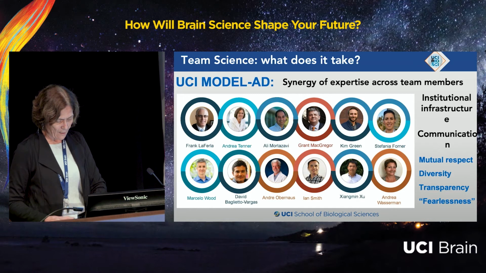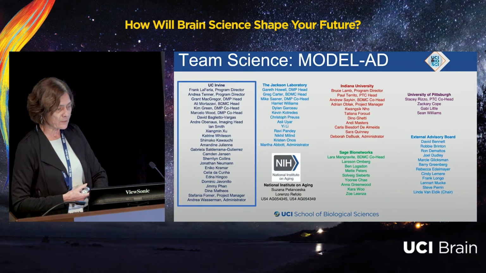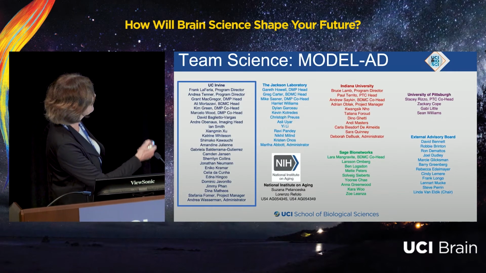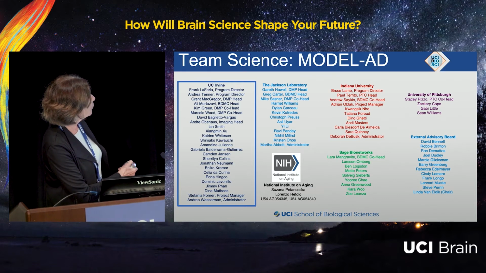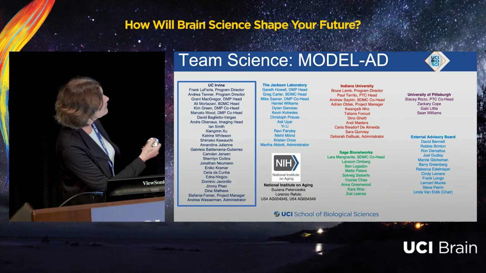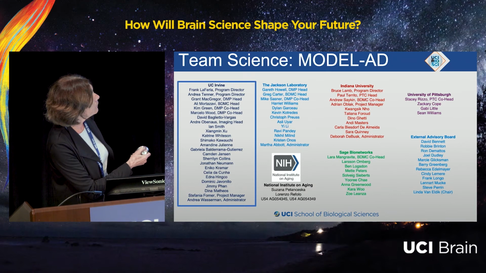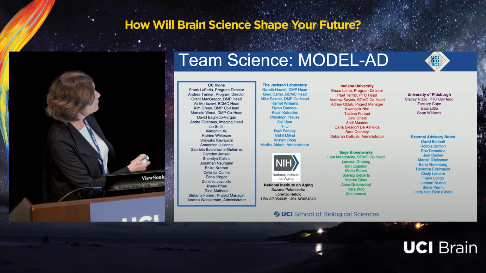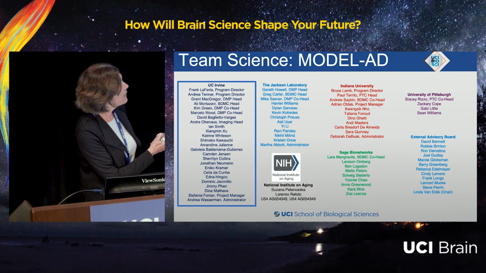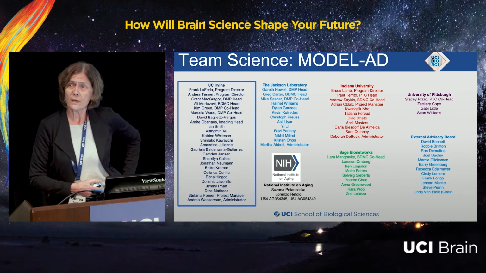Okay, so this is our team here. It's great fun. This is the rest of the team that do a lot of the work here. But we also work in conjunction with other labs, Indiana University, Jackson Laboratories, and SAGE, which are also in this Model AD consortium.